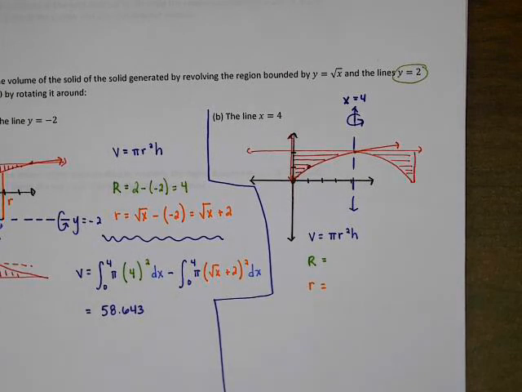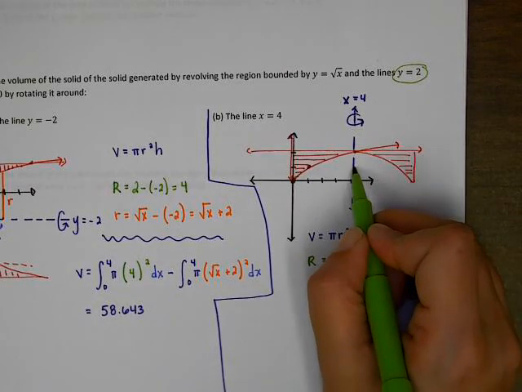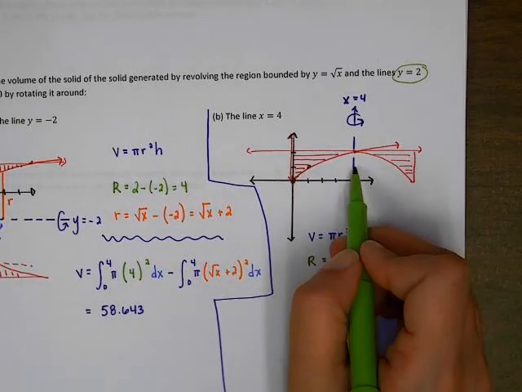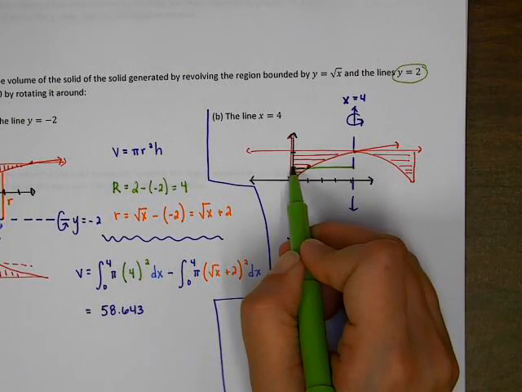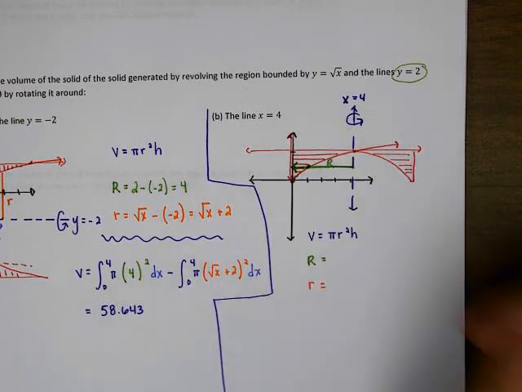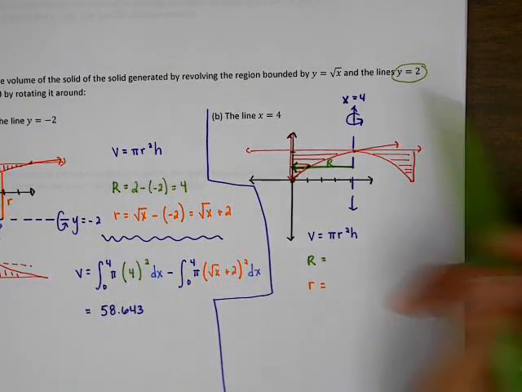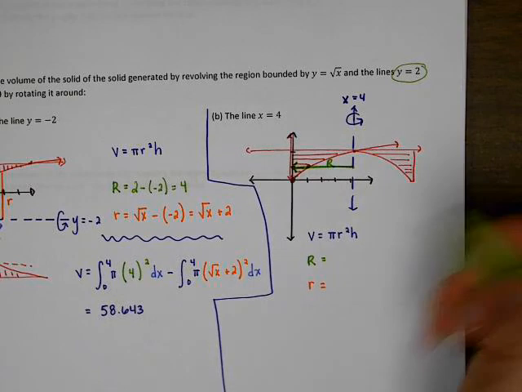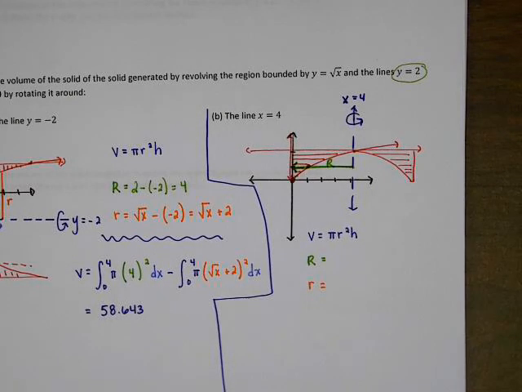Now my big R here would go from the axis of symmetry to my outer edge of my function. Because everything is going around a vertical line here, I'm going to need everything in terms of y.